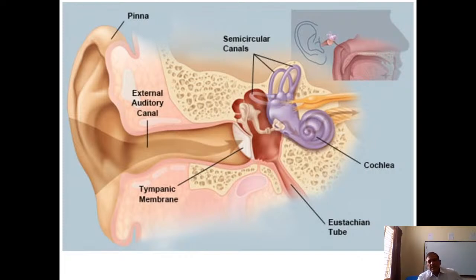And if you see, supposing there is wax in the external auditory canal, the vibrations which are traveling up to that cannot go onto the eardrum because of the blockage there, or some kind of inflammatory process, or some kind of new growth there, which will occlude the external auditory canal, then the hearing comes down.